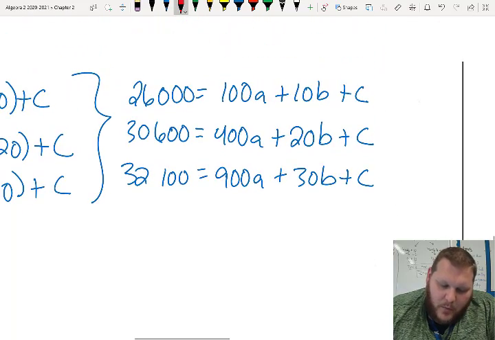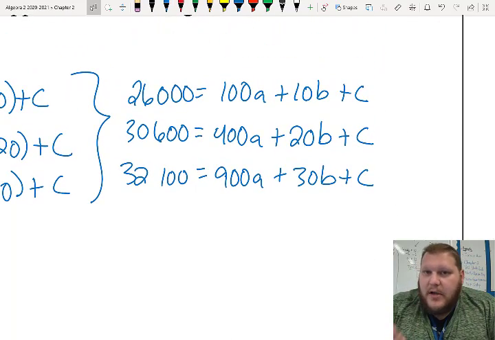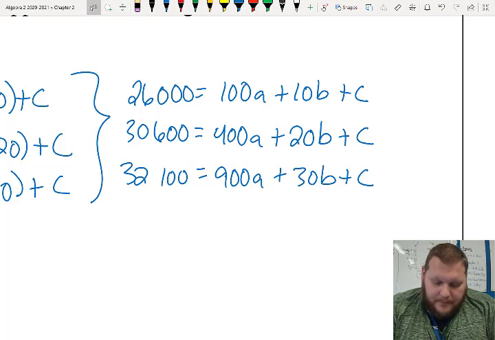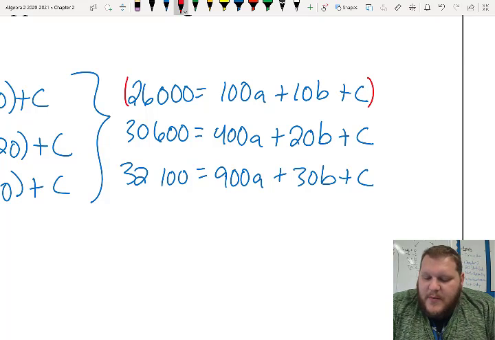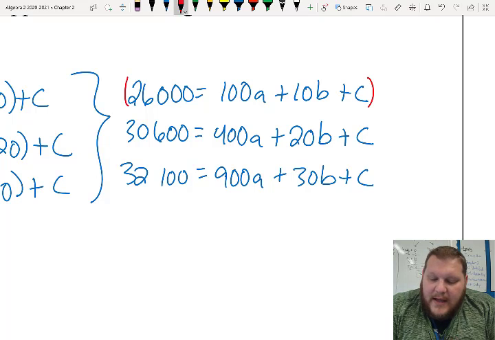So what I'm going to do is choose one of my three equations to be my eliminator, and pair it up with my other two to get rid of my c values. In this case, I'm going to choose the smallest numbers to be my eliminator, so that top equation. To do that, I want to make sure that when I add my two equations together, my c cancels out.